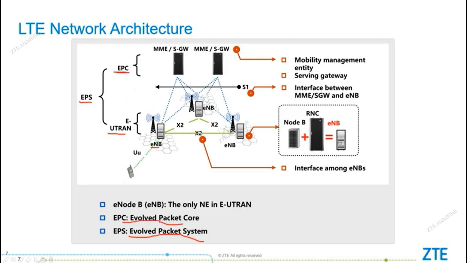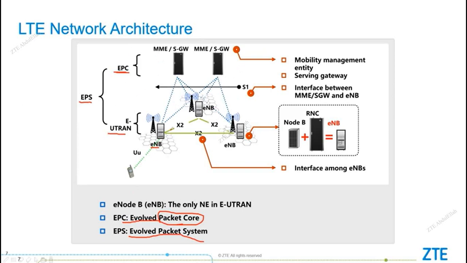Please pay attention: packet core means the LTE core network only supports PS, it cannot support CS. So LTE network cannot provide CS voice, it can only provide PS voice, for example VoLTE. If you want to support CS, please fall back to the 2G and 3G network.